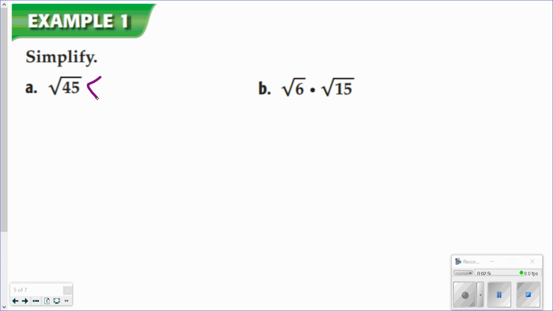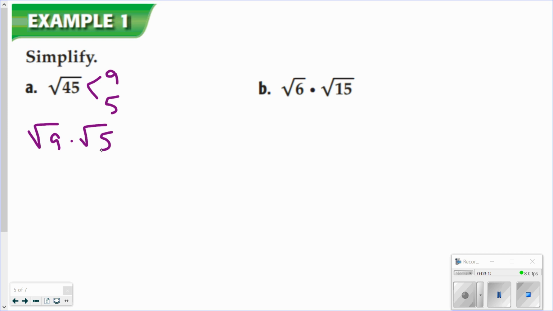If you think about that for a second, we know 9 times 5 is equal to 45. 9 is a perfect square. So if I rewrite this as the square root of 9 times the square root of 5, that's still the square root of 45. I just broke it into 2 factors.